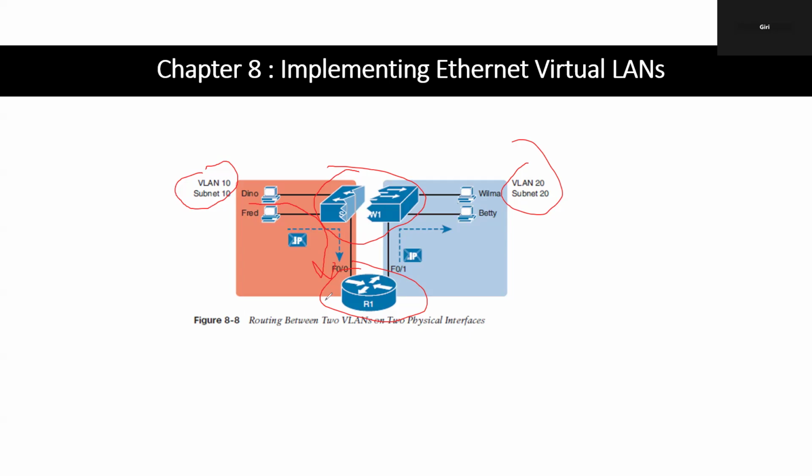It's going to receive that packet and say, hey, this packet is destined for something in subnet 20. It's for an interface in subnet 20, and this interface that hangs off the switch coming from the router is in VLAN 20. So from a layer 3 standpoint, I have an IP address here for VLAN 20.